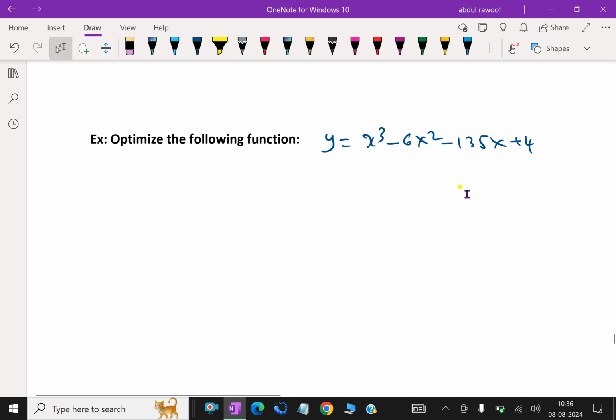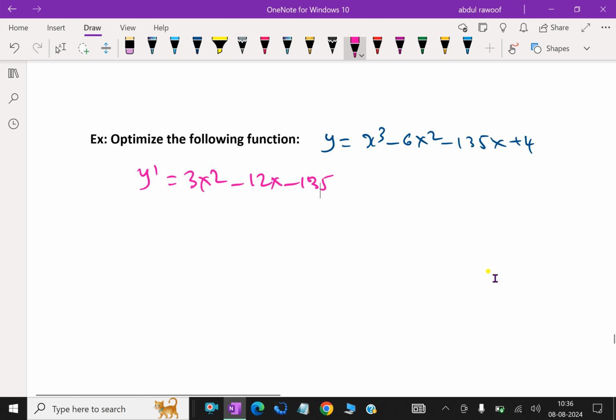Here, to optimize the function, you have to find first y dash. Y dash is 3x squared minus 12x minus 135. Look at here, x cube derivative is 3x squared, 6x squared derivative is minus 12x, and minus 135x derivative is minus 135.